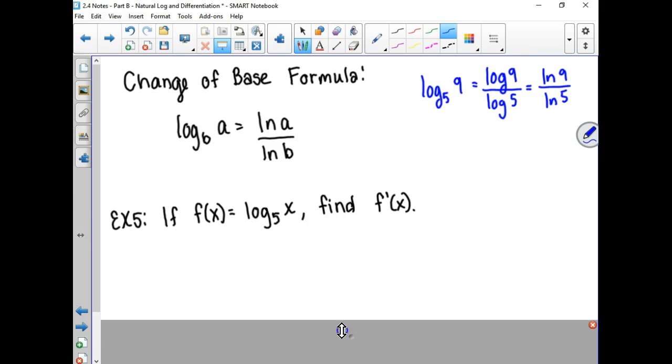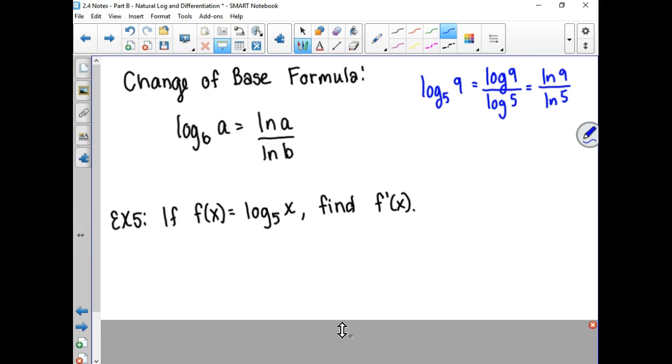So, here is our first example. For example 5, if f of x equals log base 5 of x, then we're supposed to find f prime of x. So what we're going to do for this is we do not know how to take the derivative of a log base 5.